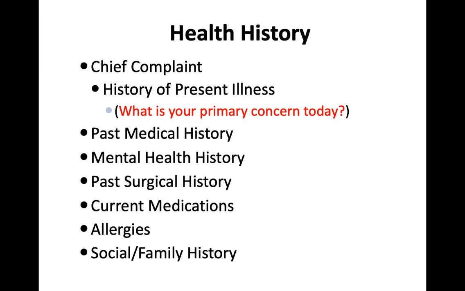The other part of that health history, now, if this is somebody that's totally new to me and I'm going from head to toe and just saying, okay, tell me all about you, then I want to know their past medical history. And those are things like maybe they have a history of asthma. Maybe they do have a history of hypertension. Maybe they do have a history of thyroid disease.